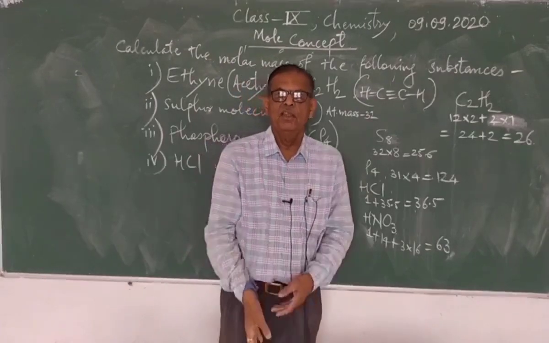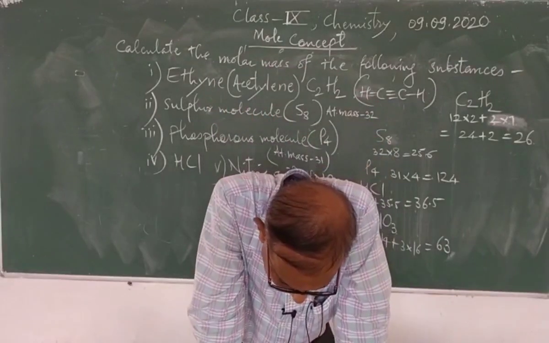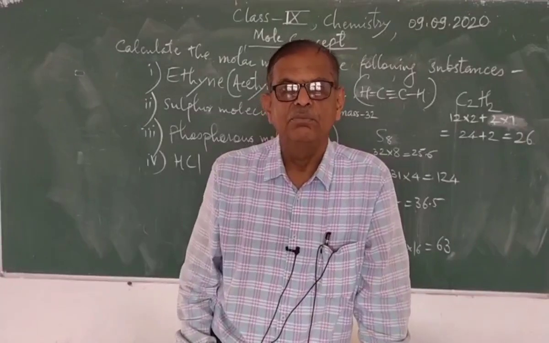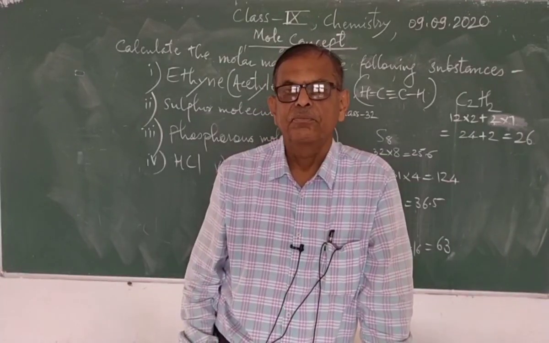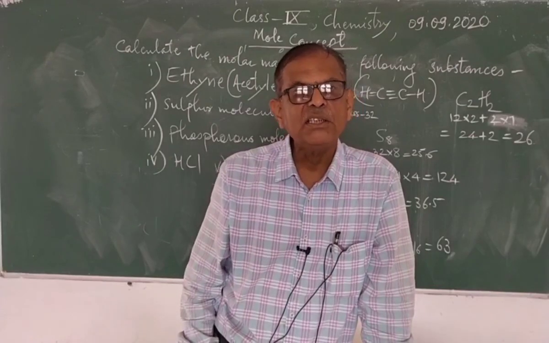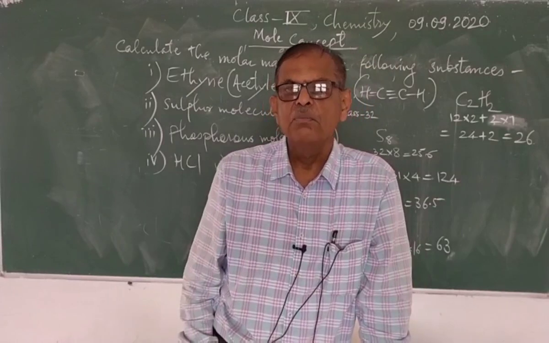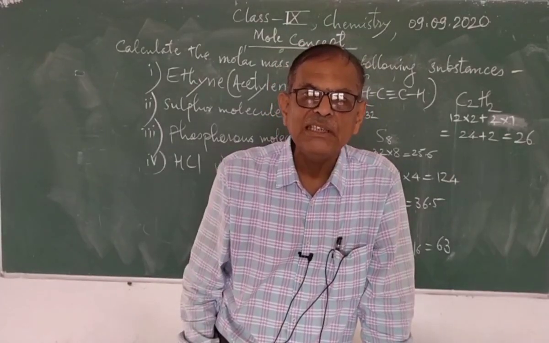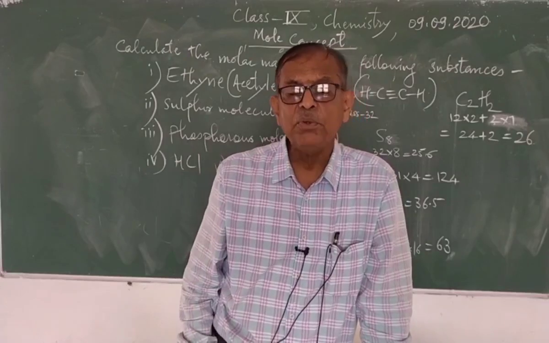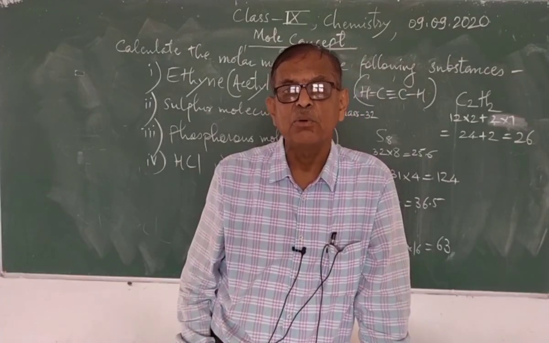So see, 1 mole of nitrogen atoms. Now nitrogen atom, atomic mass is 14. Molecular mass of nitrogen is 28, because the nitrogen molecule is diatomic. N2 is the diatomic molecule.